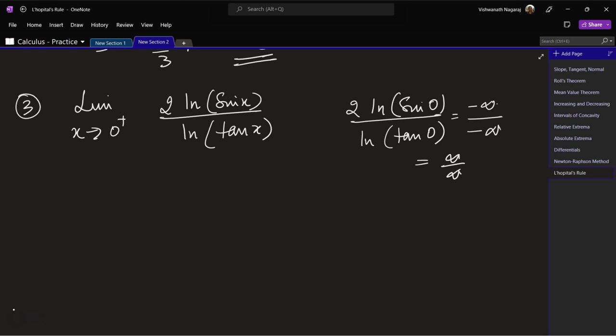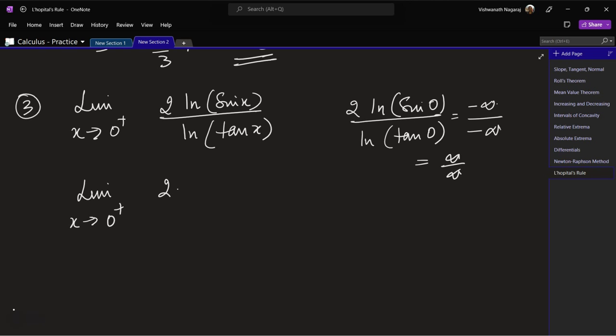Okay, so again we will have to apply L'Hopital's. Which means we differentiate both the numerator and the denominator independently of each other. We don't apply the quotient rule or anything like that.